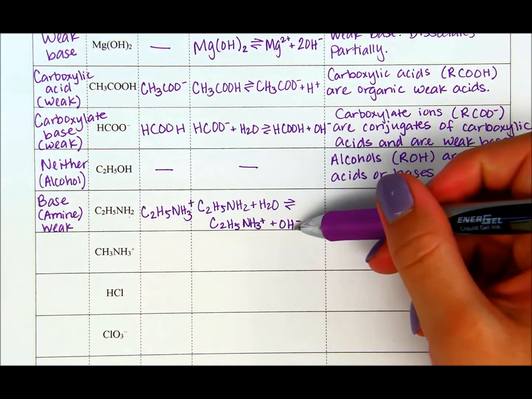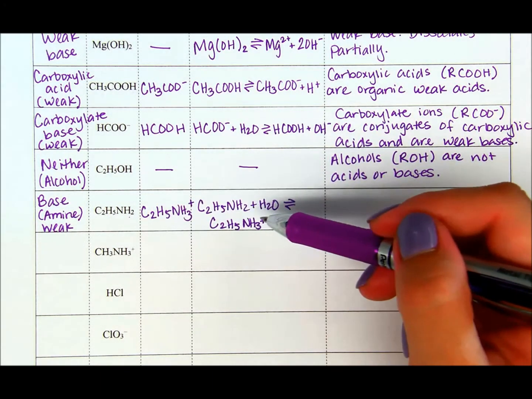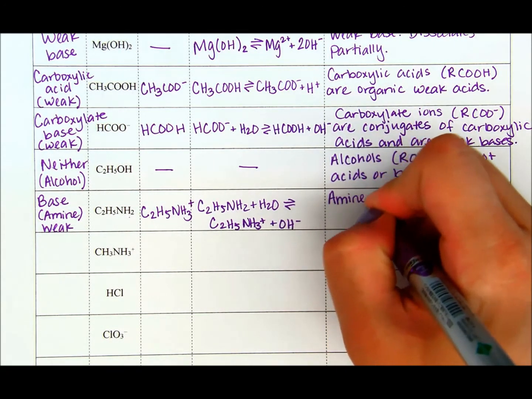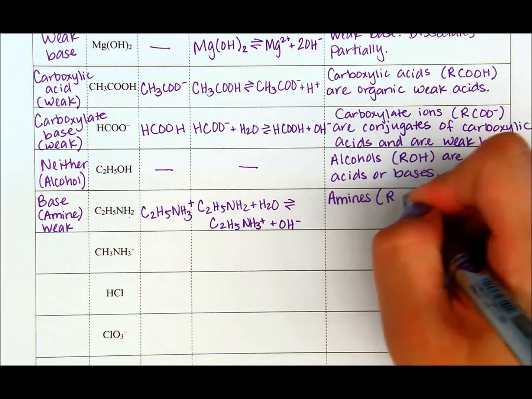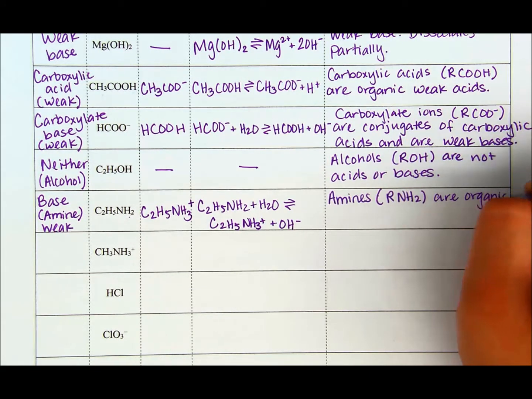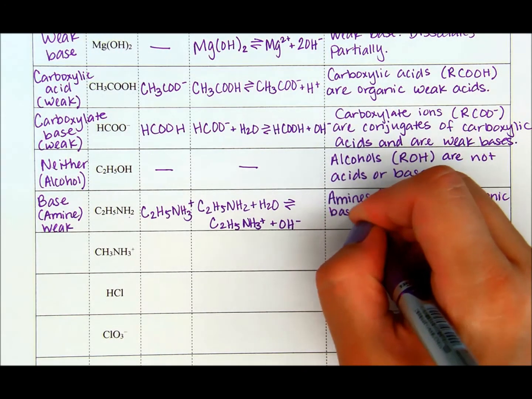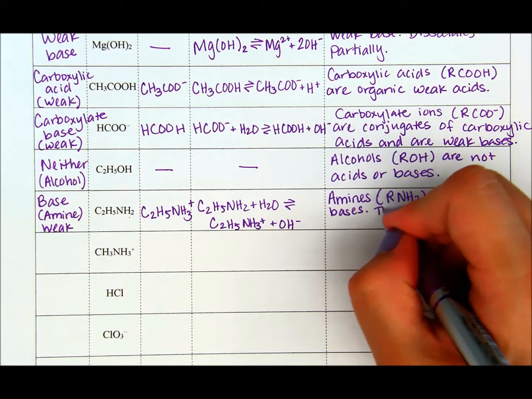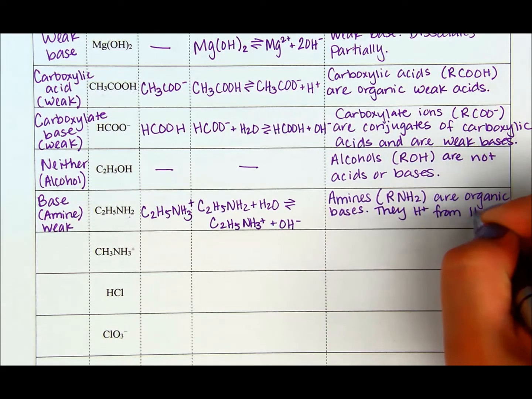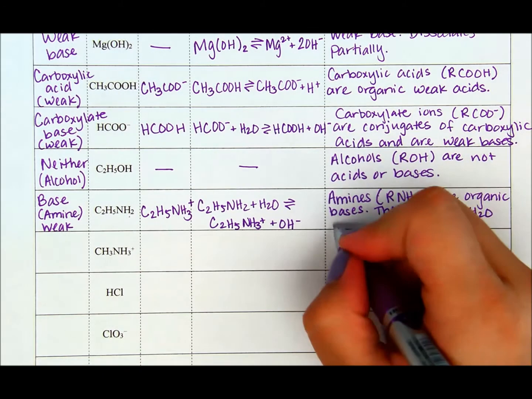And that hydroxide in the water now is what makes this whole thing basic. Okay, amines take the form RNH2. And these are organic bases. They pull hydrogen ions from H2O to form ammonium.